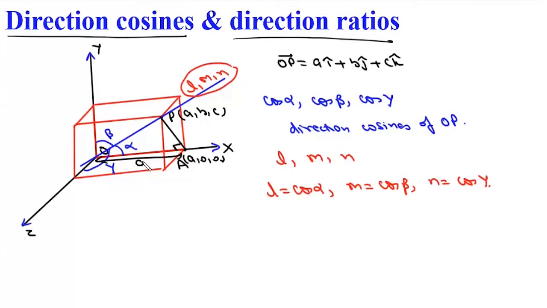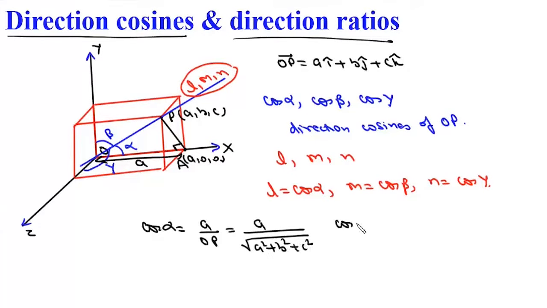Now in this triangle OAP, cos alpha will be this base, which is a, upon this hypotenuse, which is OP, and OP is the distance of P from O. So this is nothing but the square root of a square plus b square plus c square.